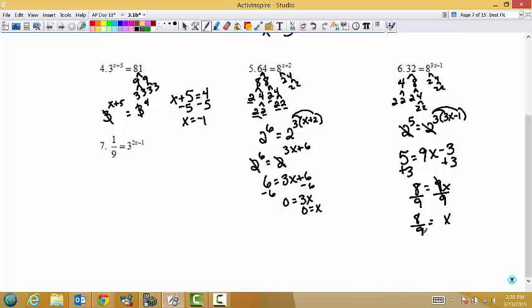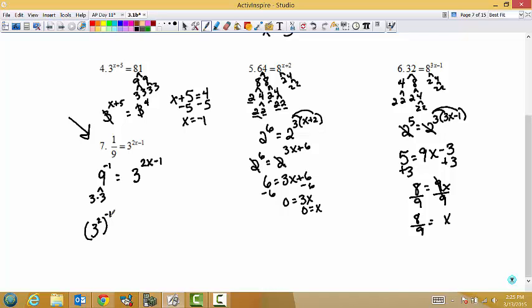And then the last one, number 7, which you may not have even realized was there. I've got a 9 in the bottom. First thing I'm going to do is move the 9 to the top. Anytime you move a number, it becomes a negative exponent, or if it's already negative, it becomes a positive exponent. Then I'm going to break it down. 9 is 3 times 3, so that's 3 squared to the negative 1.